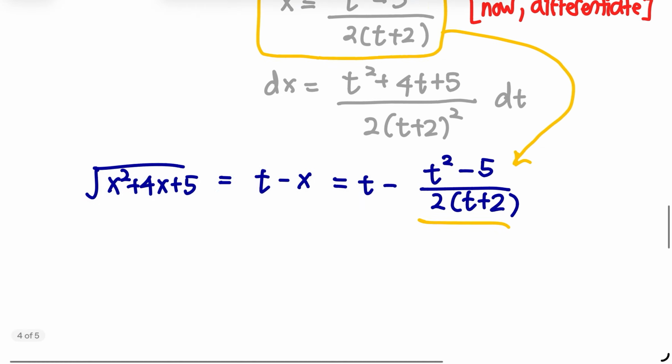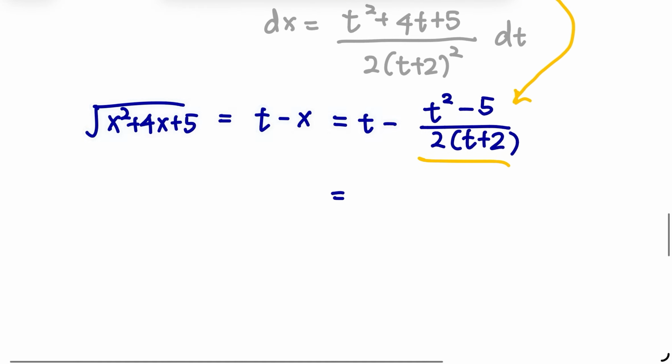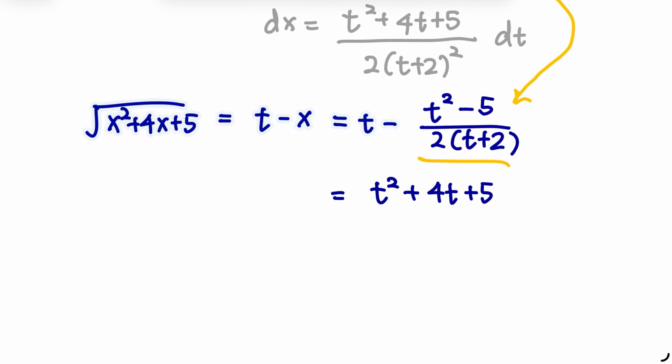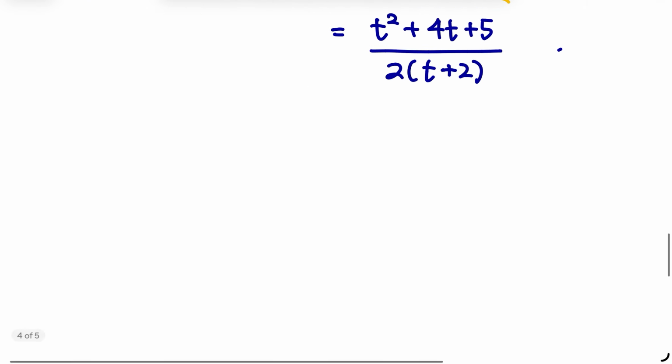This is the same thing as (t squared plus 4t plus 5) over (2t plus 4). Now you can evaluate the integral so much easier.